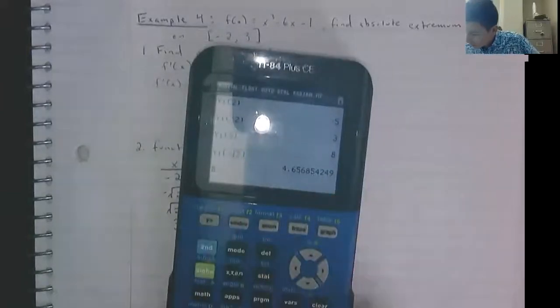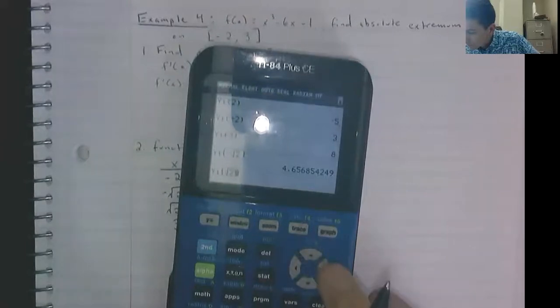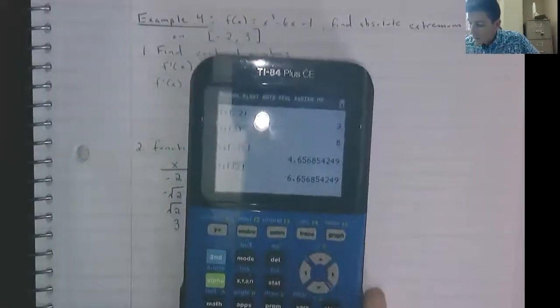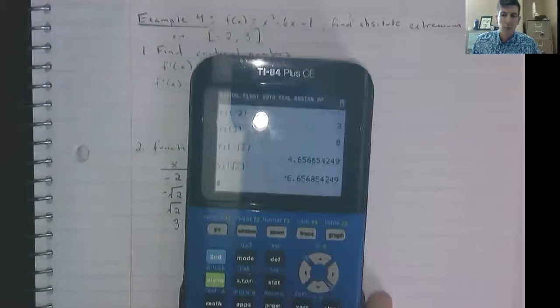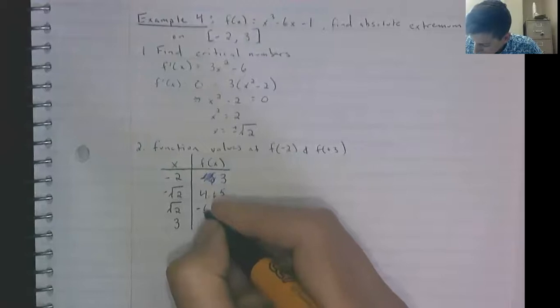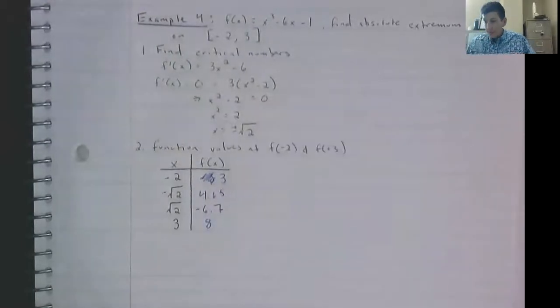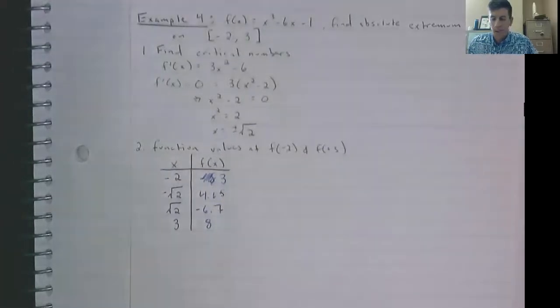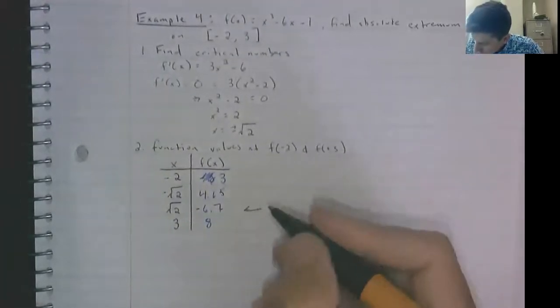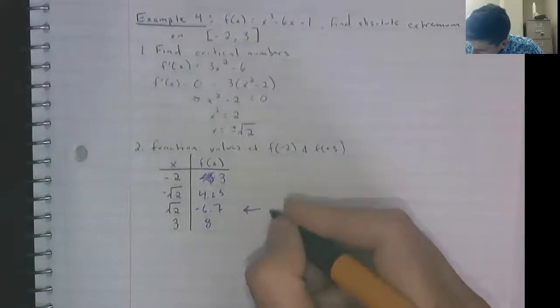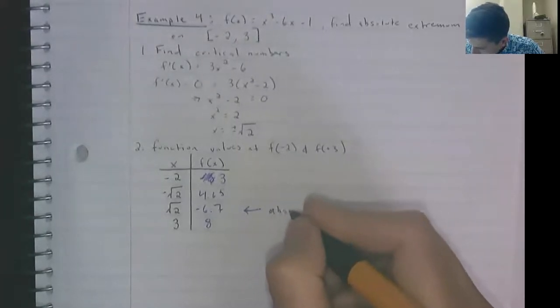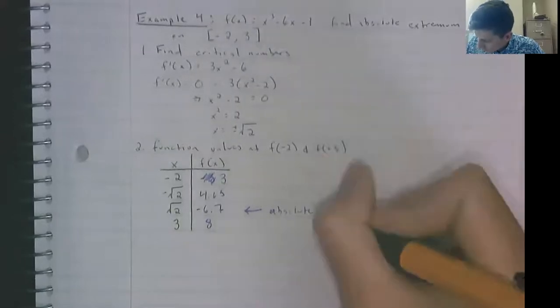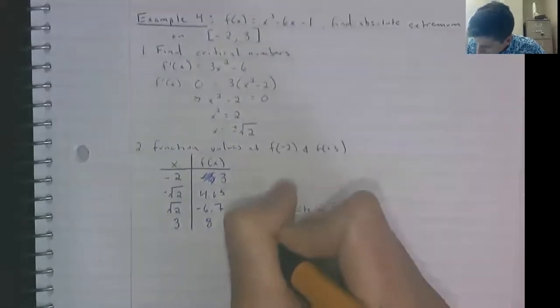And then second enter again. We'll do the positive version. Ooh, look at that. Winner, winner, chicken dinner. Negative 6.7, let's say. Now that we've got this all laid out real nice and neat in our table, it's real easy to see, oh, okay, this is our absolute max. I said that wrong, absolute min. And this is our absolute max.